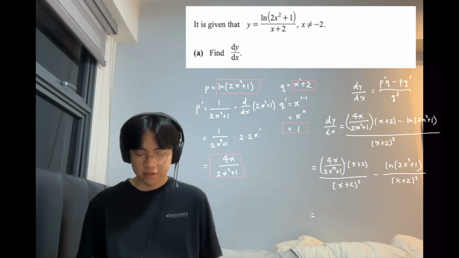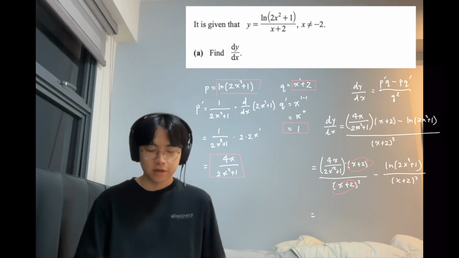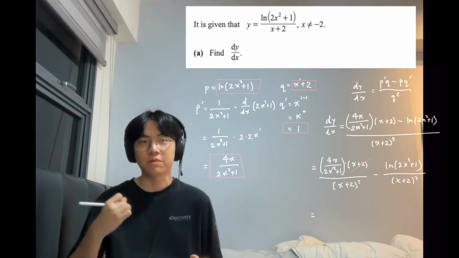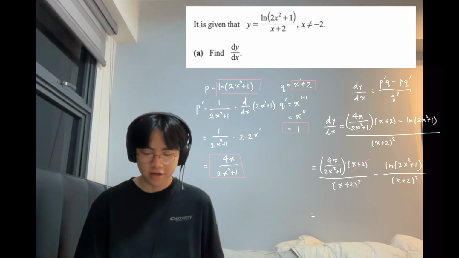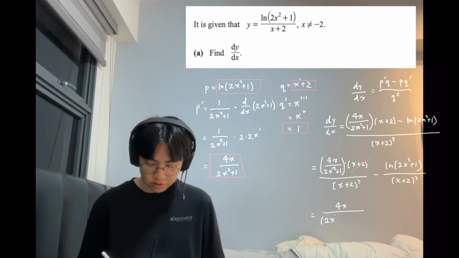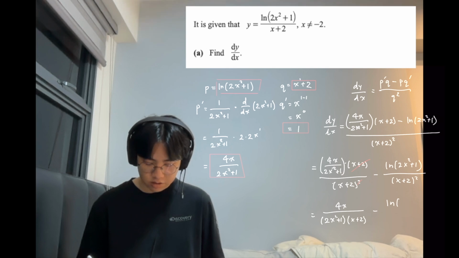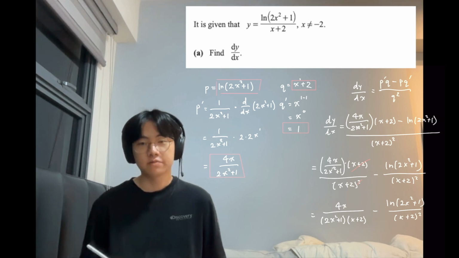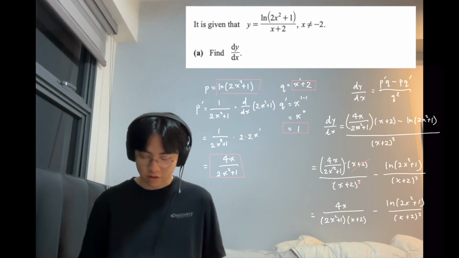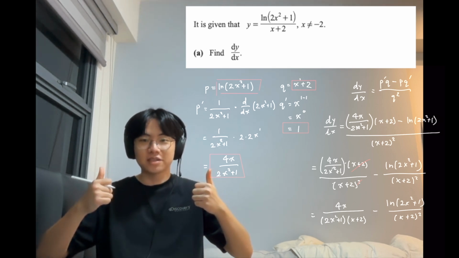Do you see it? It is the x + 2. I can cancel out one of the powers of it, and as a result, my final answer will look like 4x over (2x² + 1)(x + 2) minus ln(2x² + 1) over (x + 2) squared. I don't think there's any need to simplify this further because there's not really much you can do after this, honestly. Okay, great.